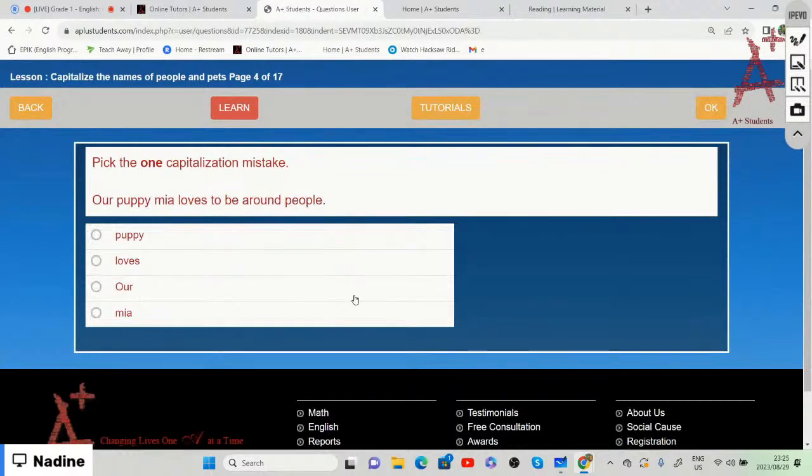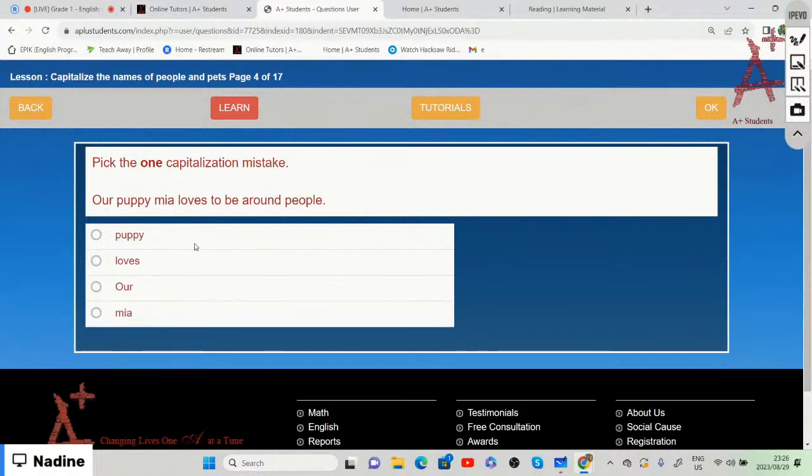Our puppy Mia loves to be around people. So our puppy Mia loves to be around people. So we need to pick one capitalization mistake, right? Is it puppy, loves, our, or Mia? We need to select one of these words over here, right?